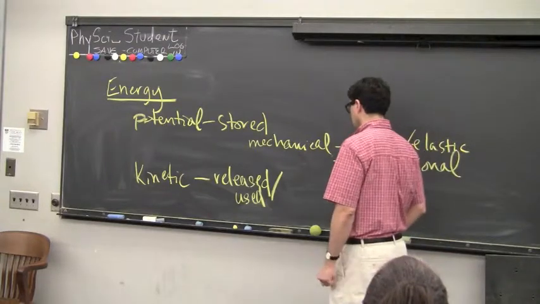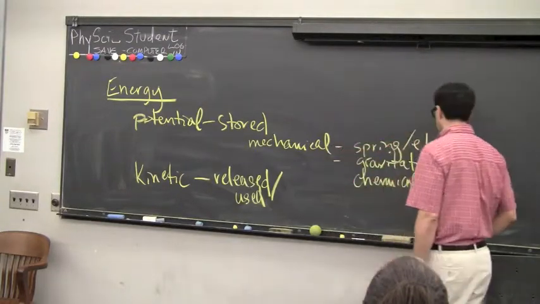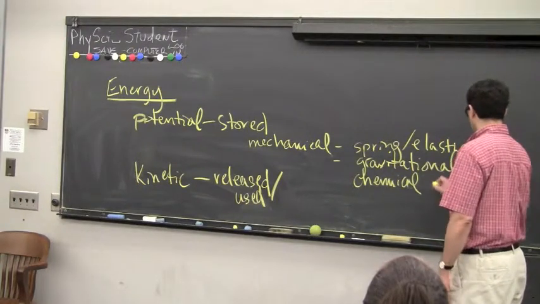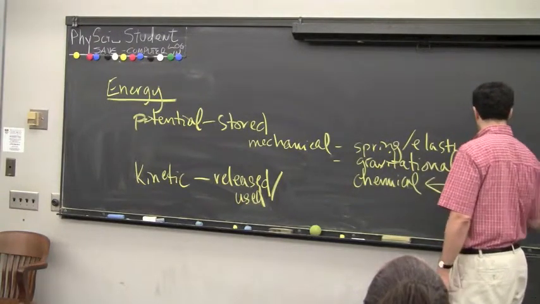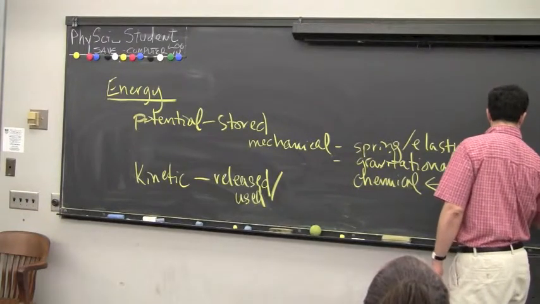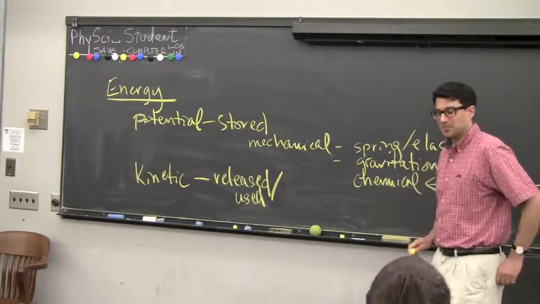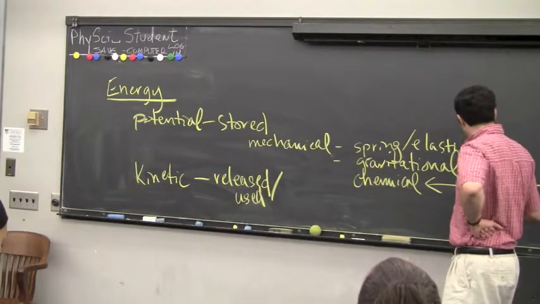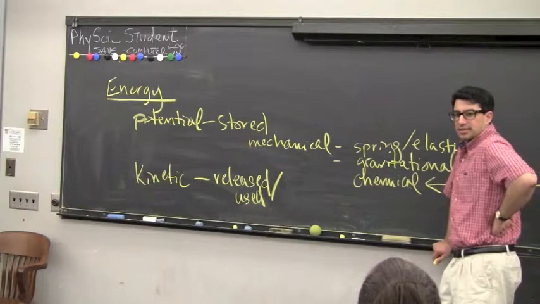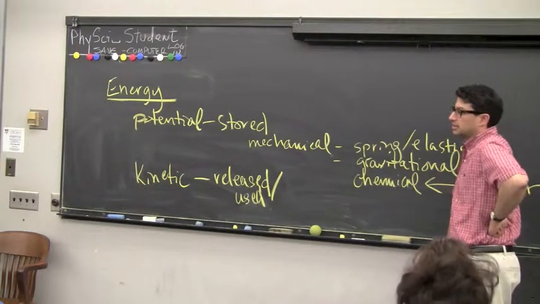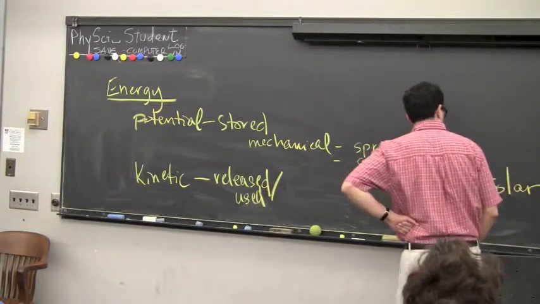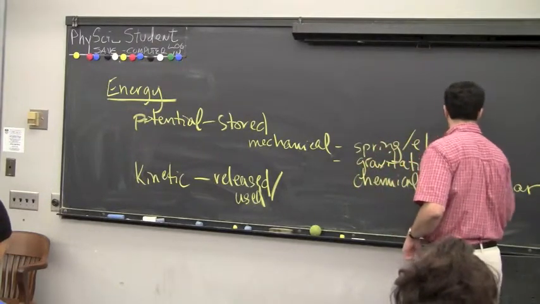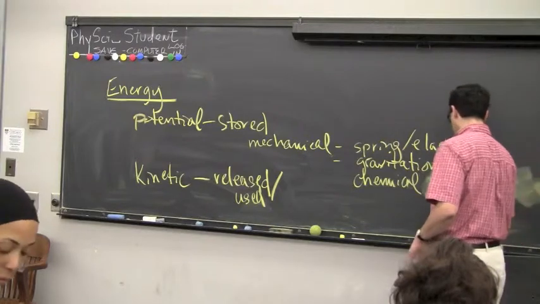I don't want to label it as potential or kinetic per se, but let's just draw an arrow and say it comes from solar energy. So chemical comes from solar? Ultimately, right? Let's do a more detailed bit of logic.